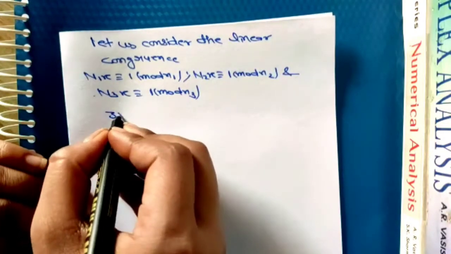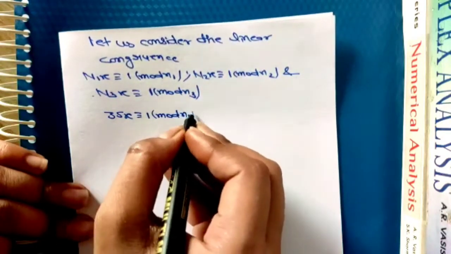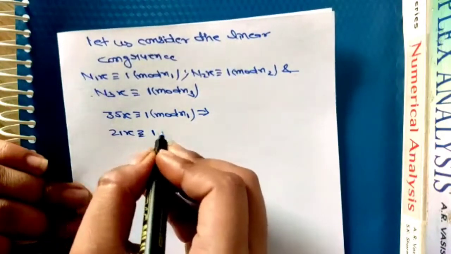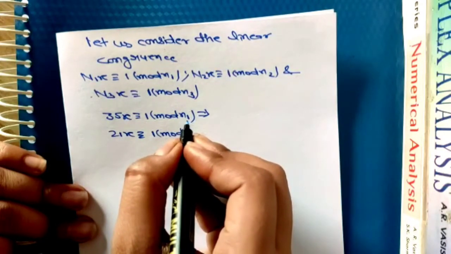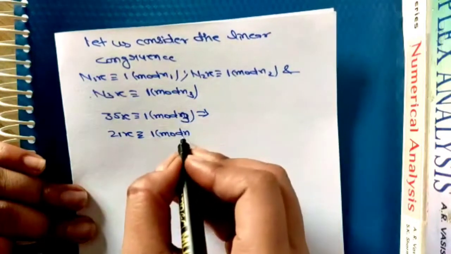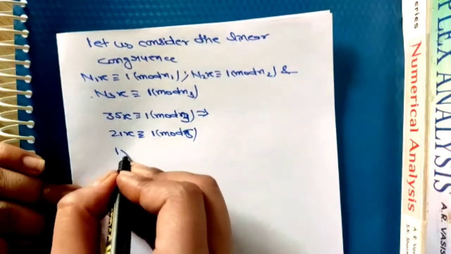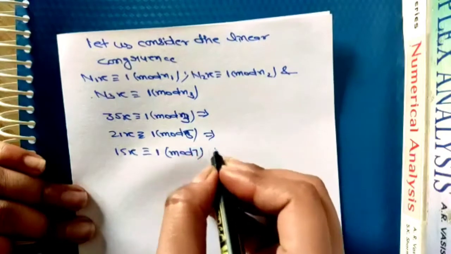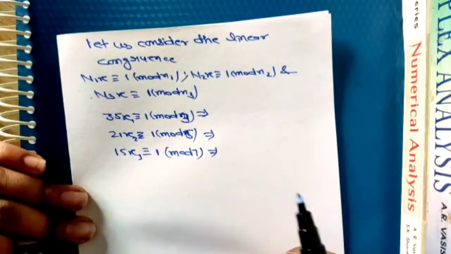N1 is 35, so 35x congruent 1 modulo n1. N2 is 21, so 21x congruent 1 modulo n2. Small n1 is 3, so we write 3 here. Small n2 is 5, so here we write 5. And this is 15x congruent 1 modulo 7. Now we are going to find the values of x1, x2, x3 from here.